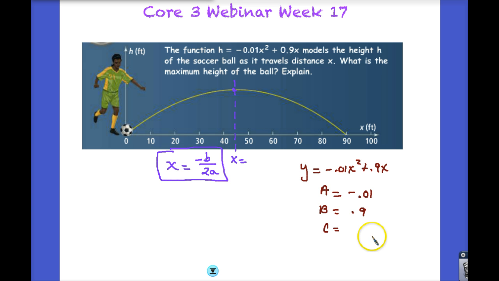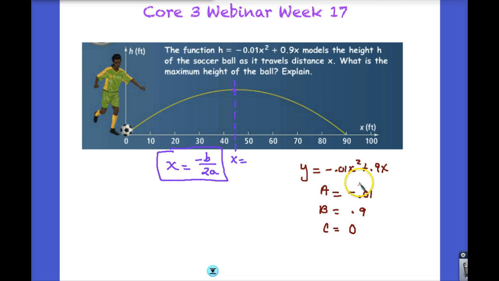Gloria, do you see it? Is there any number on the end? True, 0.9 is already in b. It can't ever be x, it can only be numbers. So it would have to have something on the end, but is there anything on the end? No. So our c value is 0.